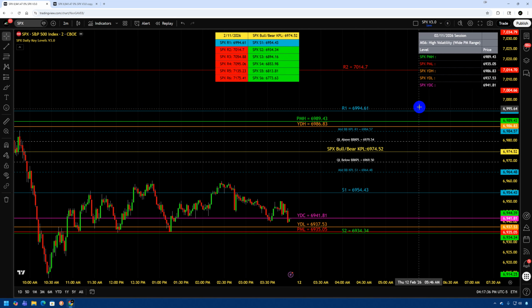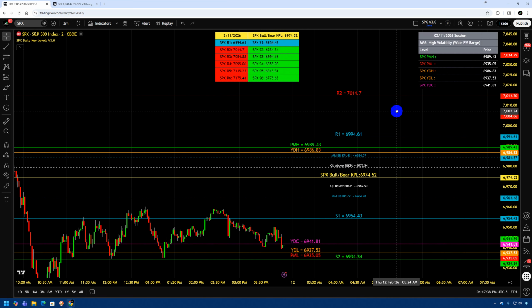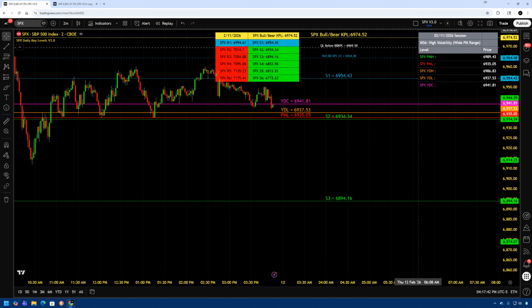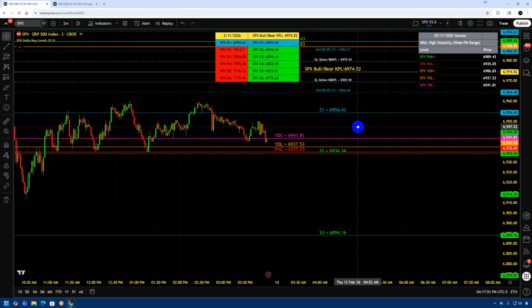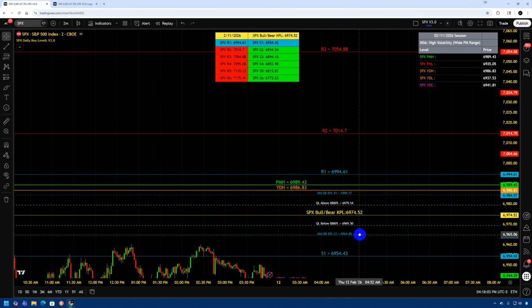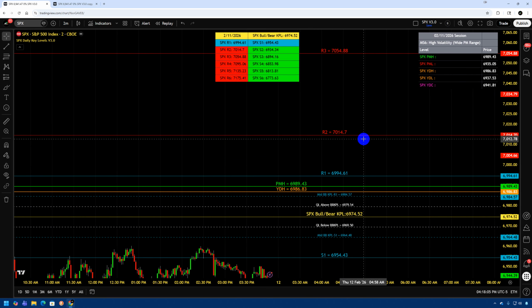So the point I'm trying to make is that when you get past R2 or you get below S2, the levels become a lot more spaced out. So just so you understand, the 85% is still going to be 85% of this base level. It's not going to be 85% of S2 to S3 or R2 to R3.